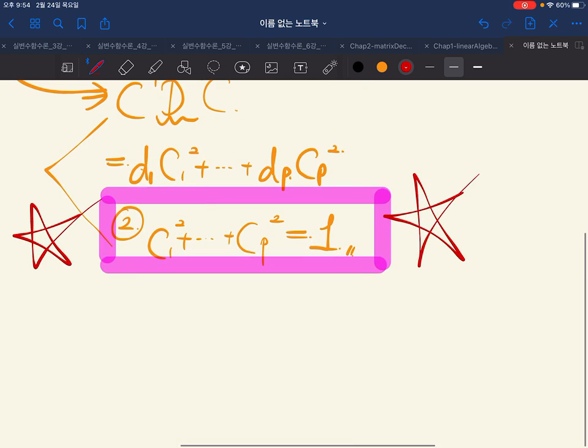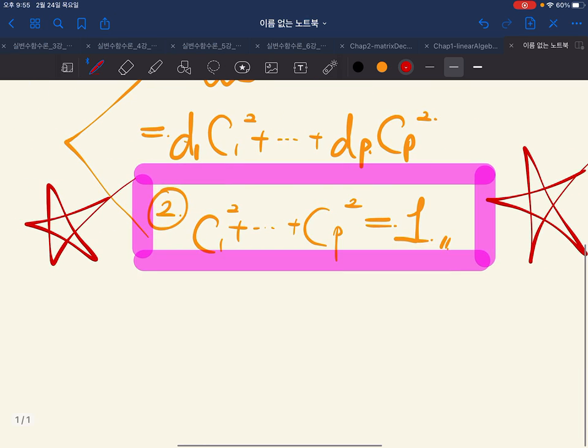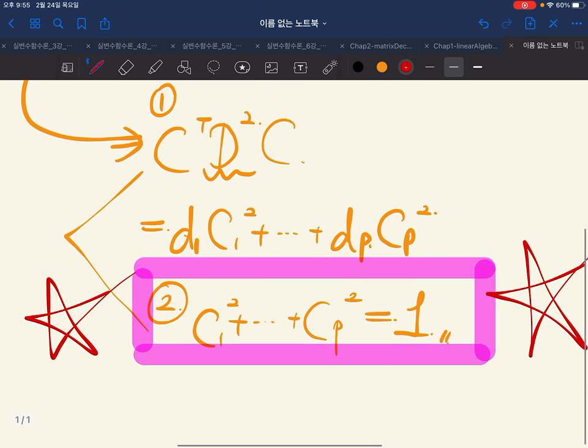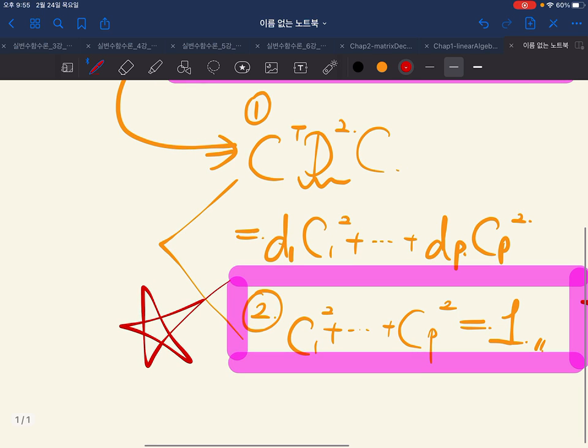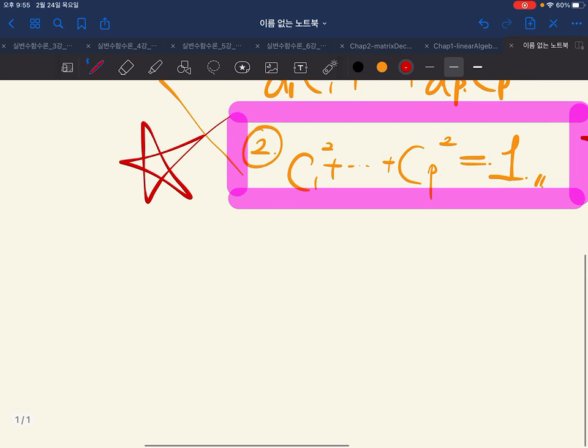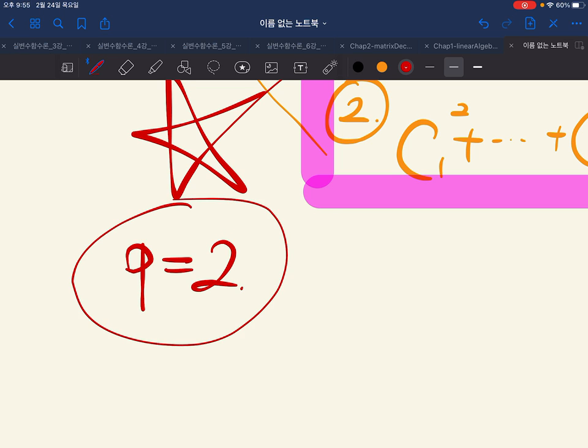If it's smaller than 1, then its coordinate will be contracted, going toward the center point 0, and in the opposite case it will stretch out against the center point 0. So anyway, let's think of this constrained optimization case geometrically. Again, for simplicity, let's think of the p equals 2 case.